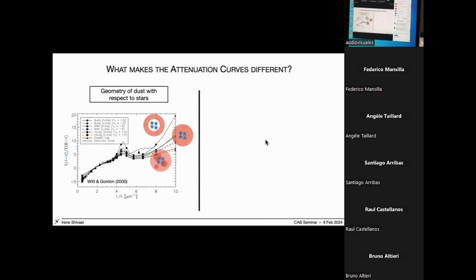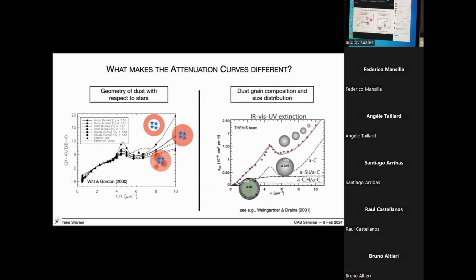And these variations can be due to either the geometry of dust with respect to stars. So for example, if you have a shell of dust around your stars, or a homogeneous distribution of dust with the stars, or a clumpy dust-star morphology, you would get very different shapes of the attenuation curve. But it can also be due to different properties of dust grains themselves.